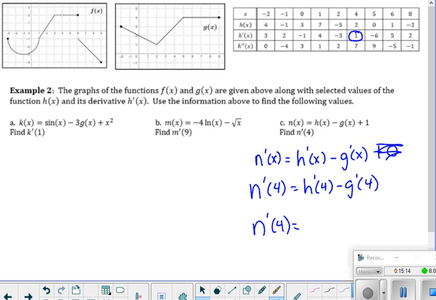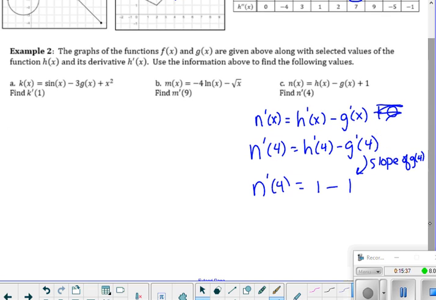H prime of 4 is a 1. Oops, not a negative 1. And then a g prime of 4, right there. That looks like a slope of 1, doesn't it? Minus 1. If you want, just put slope equals 1 along there, and we'll know it's the slope of g of x, or g of 4, something like that. Oh, this turns out to be 0 then, doesn't it? N prime of 4 is 0.